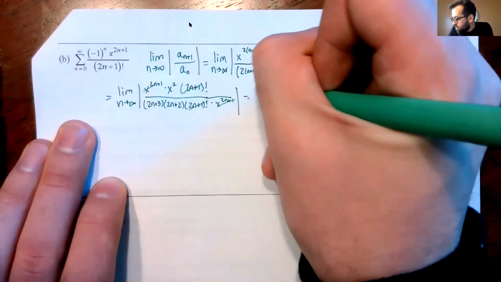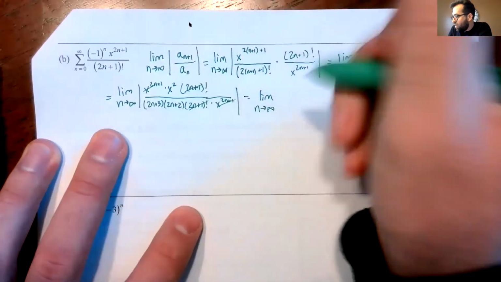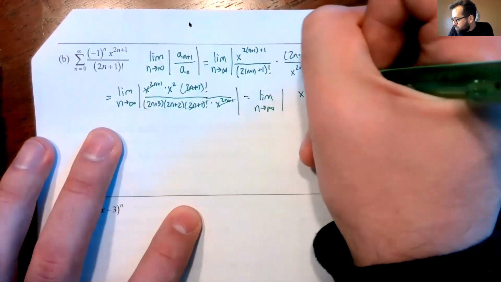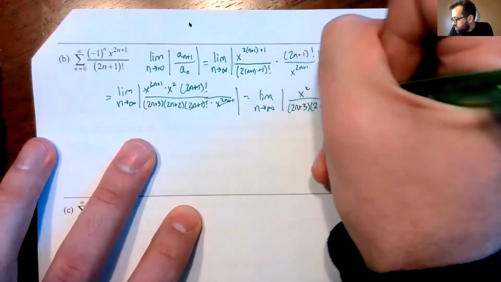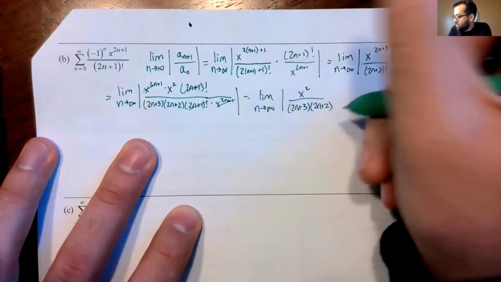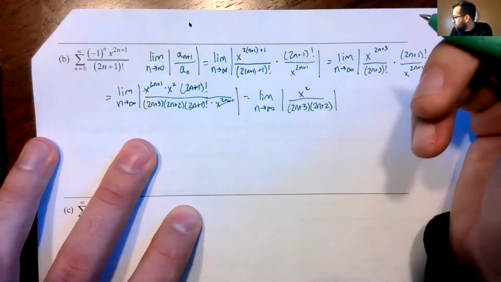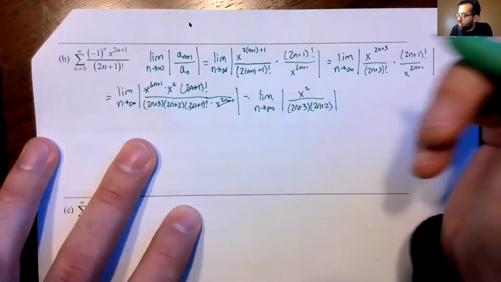So we get the limit as n approaches infinity of x squared over 2n plus 3 times 2n plus 2. And just like in the previous question, I'm going to pull out the n part from the x part.